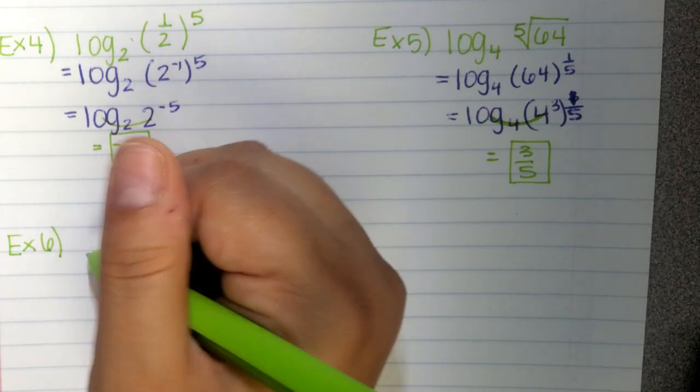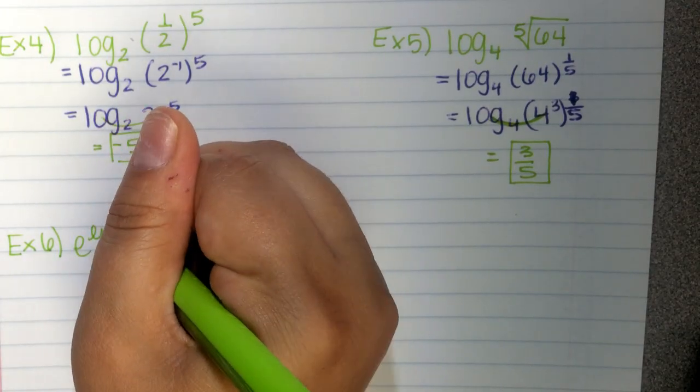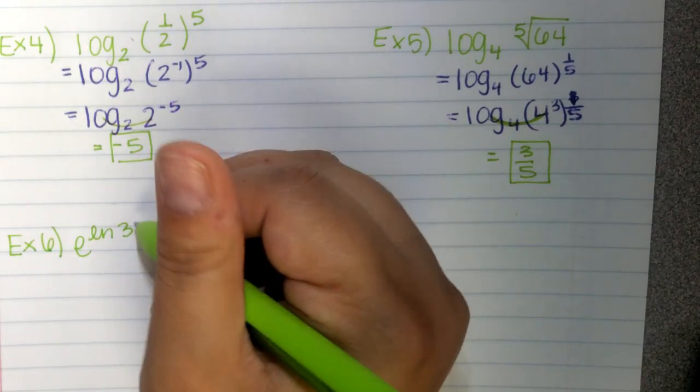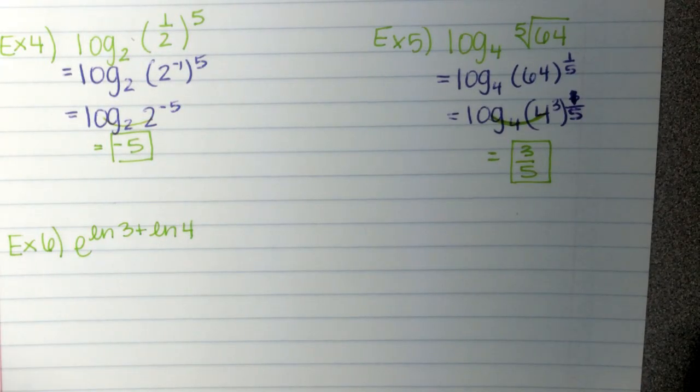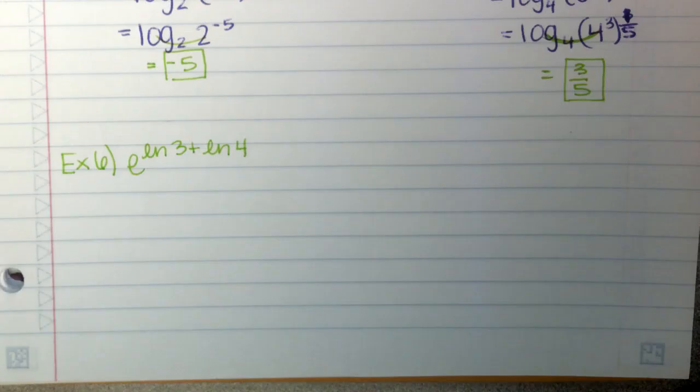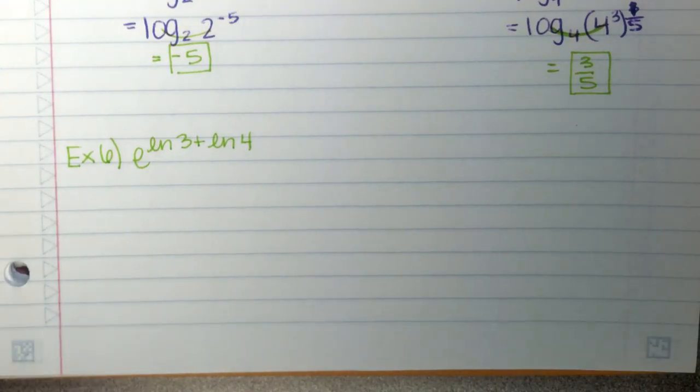All right. What about e to the natural log of 3 plus natural log of 4? Kylie, Ava, stay with me.